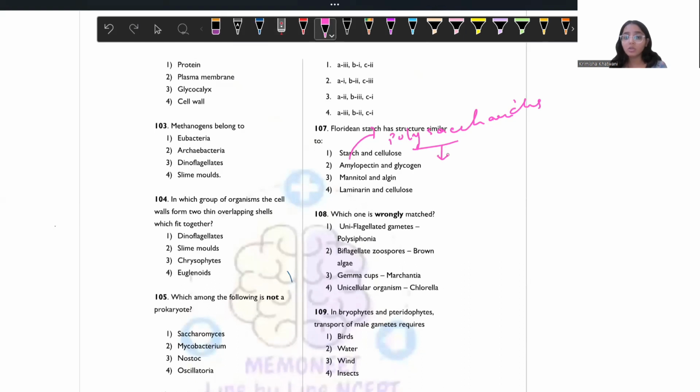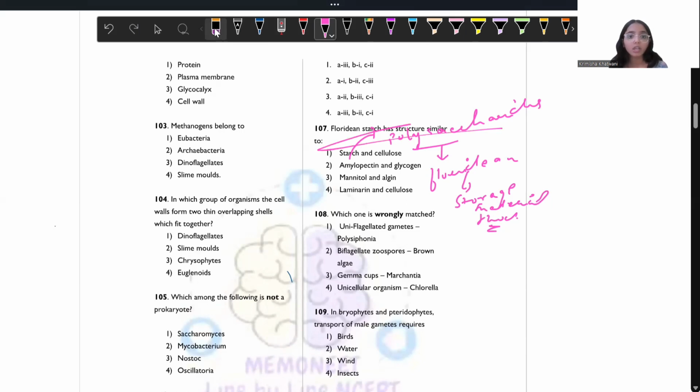Both of these together form Floridean starch. This is a form of storage material in the Rhodophyceae family. Rhodophyceae is nothing but red algae. Understood? So this was question 7.